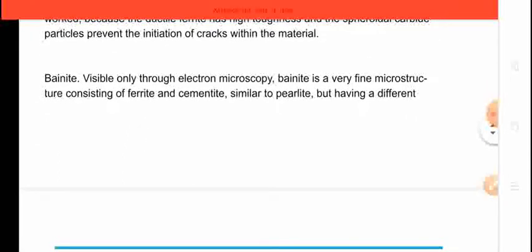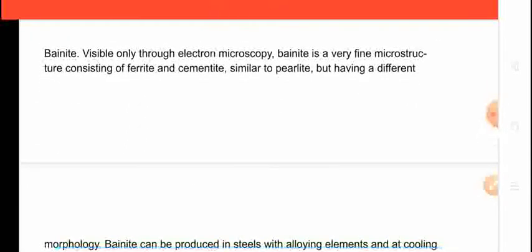Now let's see the bainite. Visible only through electron microscopy, bainite is a fine microstructure consisting of ferrite and cementite.